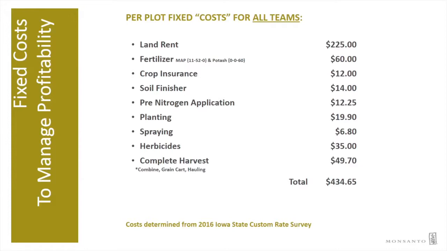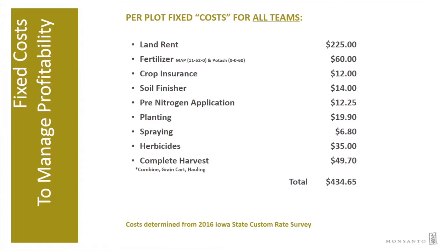Spraying applications, $6.80. That's just the application. And then our herbicide program runs about $35 per acre, and that'll be a one-pass program after tillage to get us through the season, and then complete harvest, which is what we call a combine, a tractor and grain cart, and hauling that corn to town as well.